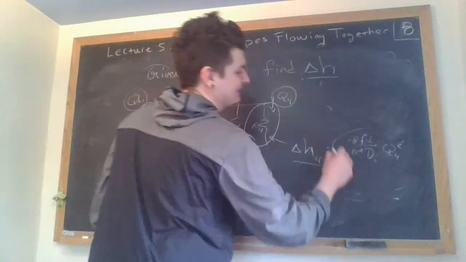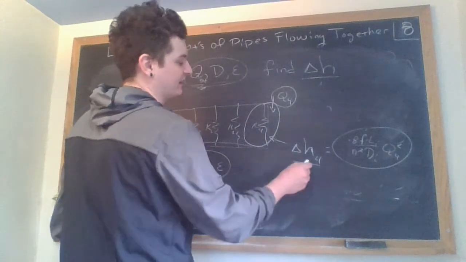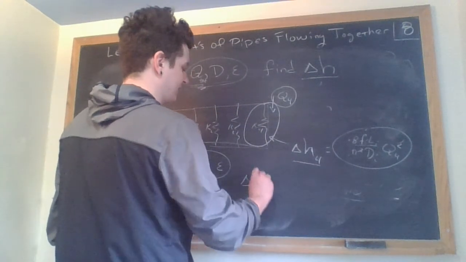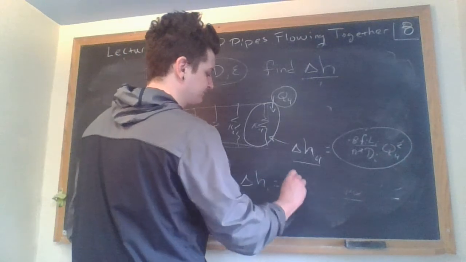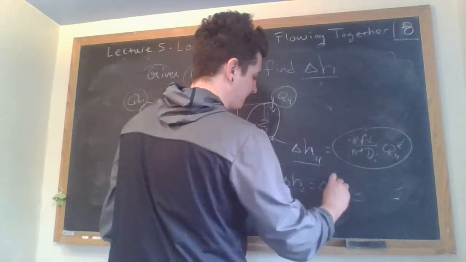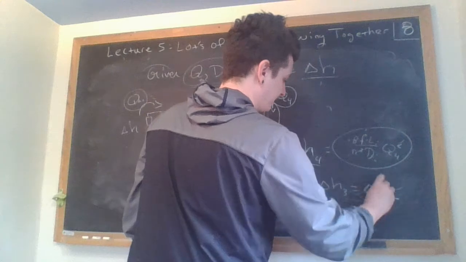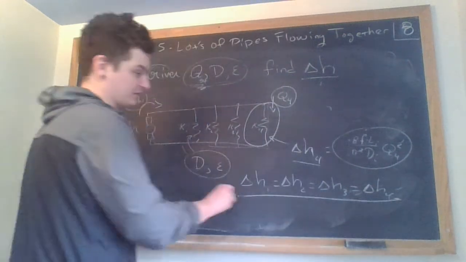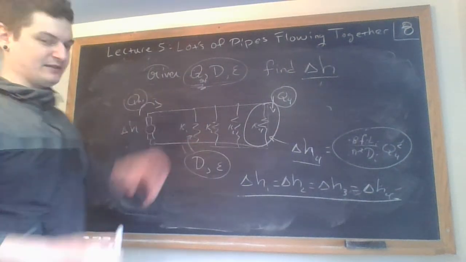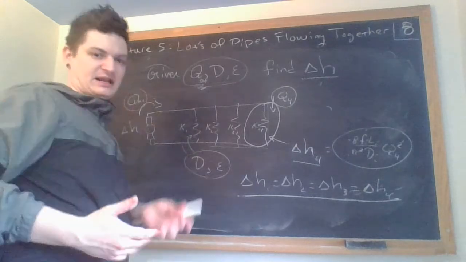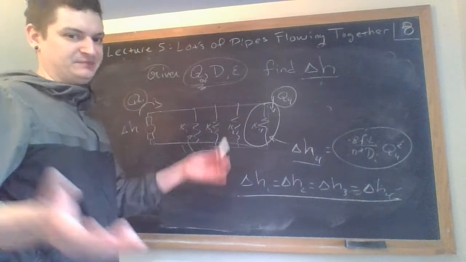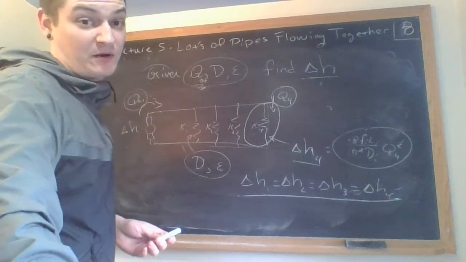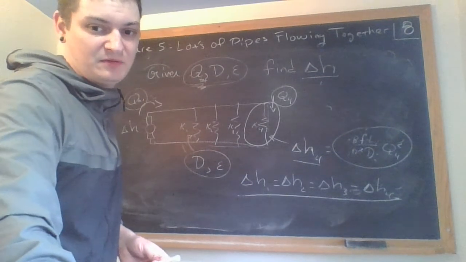So this is easy to calculate because you just need to compute it. And then you just need to check that all of these are the same. You need to ensure this is the same after you've done those processes. We can do a little more examples of how you actually do this, but that's what it is. And it's all hard because of how nonlinear it is when it comes to parallel flows.